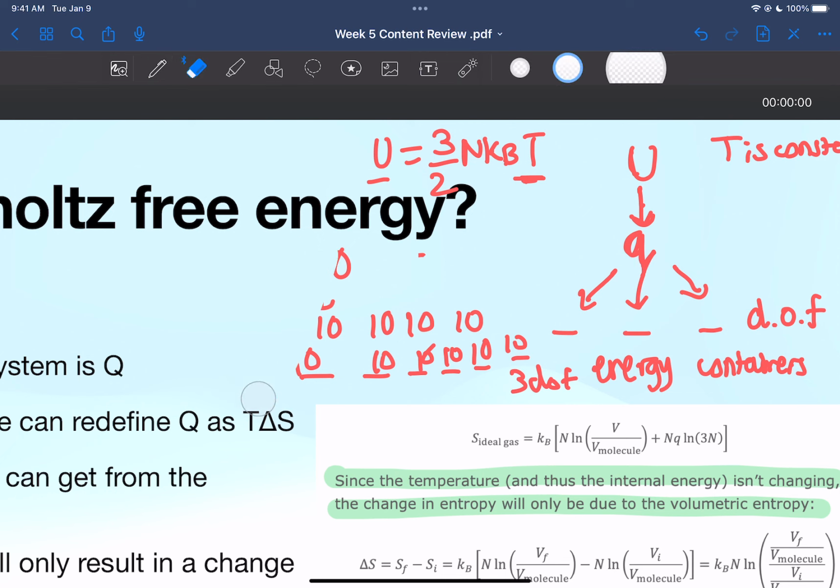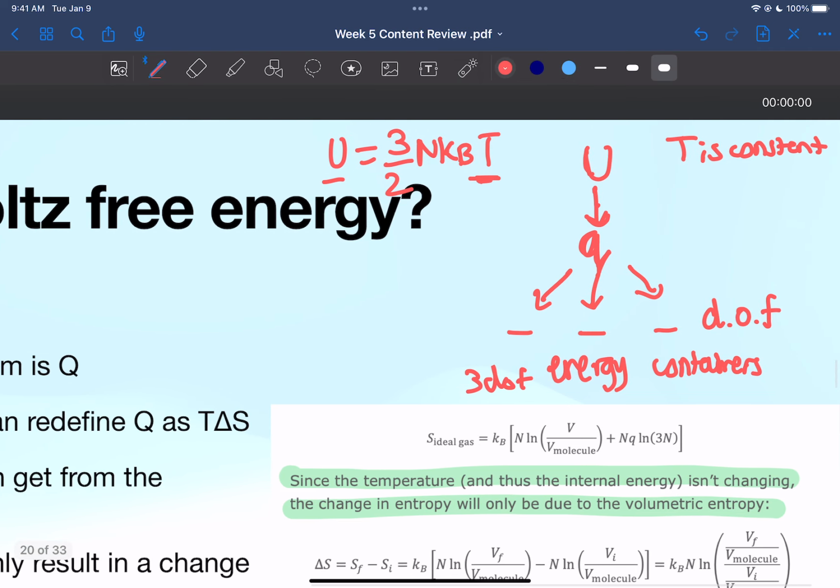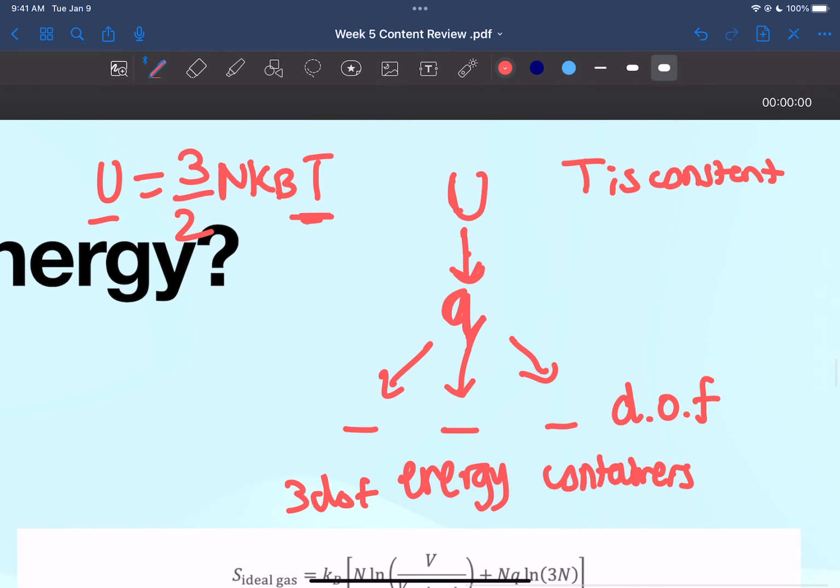But considering the fact that the temperature is not changing, the way I split up that energy into energy blocks doesn't change. Constant temperature gives you the same internal energy. Same internal energy, we split it up into the same number of energy blocks, with that same temperature. No extra degrees of freedom, no extra energy containers.